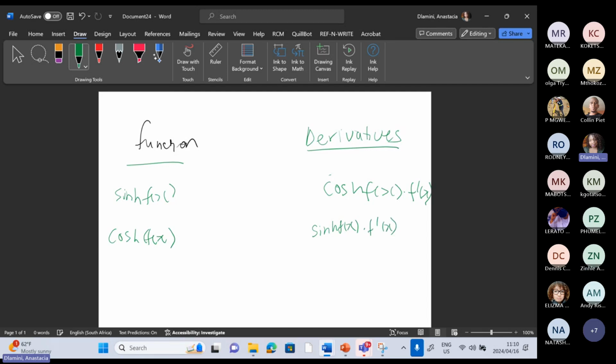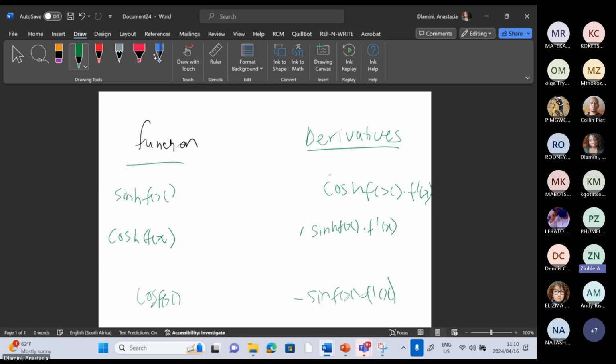Now remember, when we had cos of f of x and we found the derivative, we had negative sine of f of x times the derivative of f of x. You should be careful that you don't make a mistake when it comes to hyperbolic functions and put a negative sign there. Are we all together?